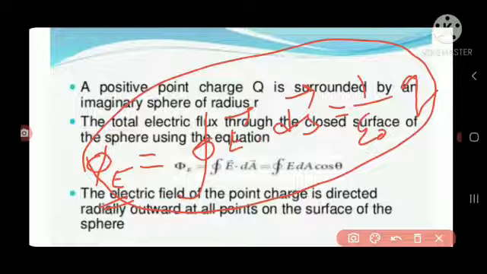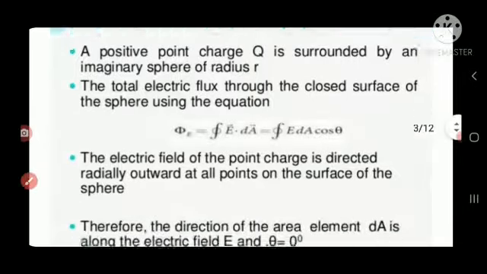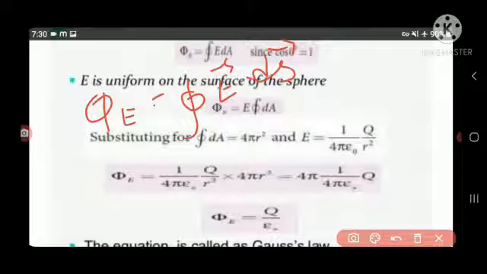Now, let us discuss the Gauss theorem again. We know that phi E is equal to the integral of E dot ds, or you can say E dot dA also.